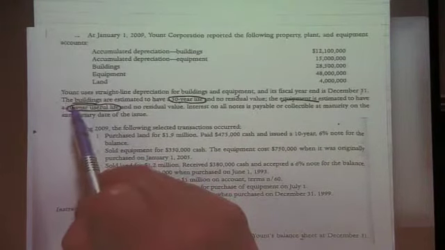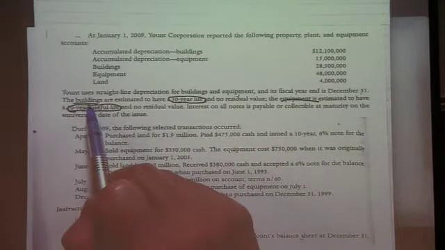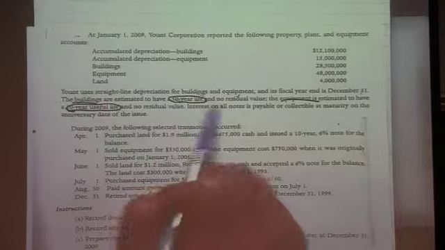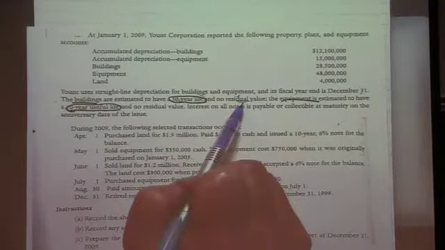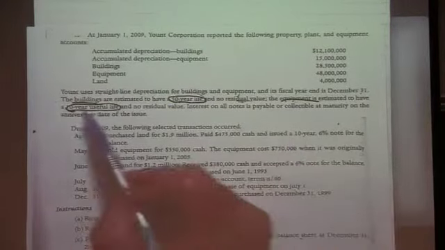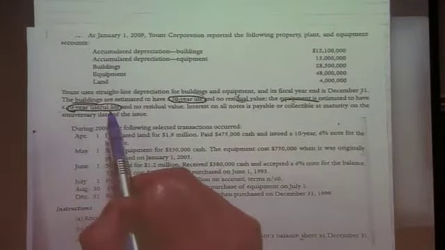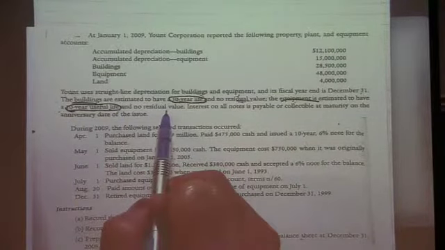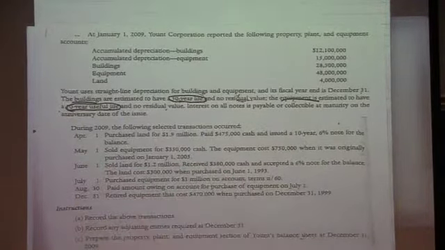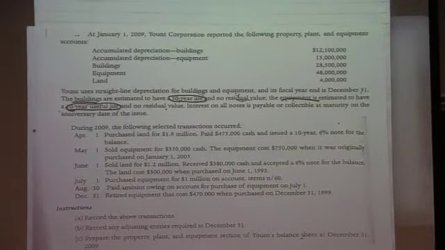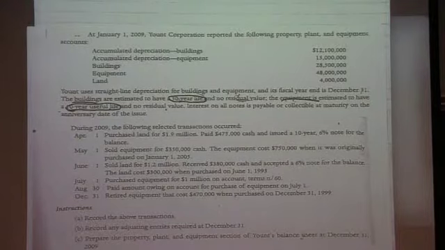Now, we're also told that the building had an estimated useful life of 50 years and no residual value. And the equipment is estimated to have a 10 year useful life with no residual value. Interest on all notes is payable and collectible at maturity on the anniversary date of the issue.